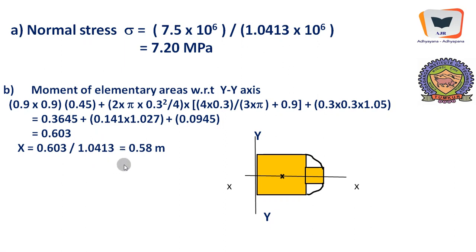Just now we have found out it is 0.58 meters. Therefore this is the centroidal distance, and here exactly we need to place the load. The heart of the matter is to obtain uniform stress distribution across the cross section of the column.